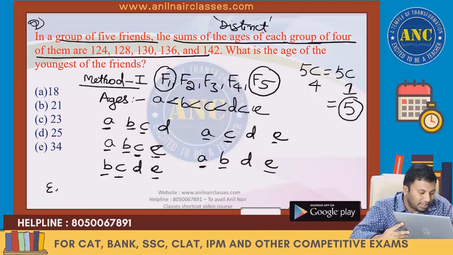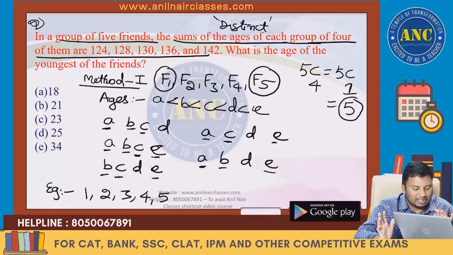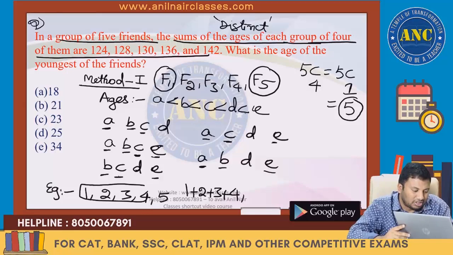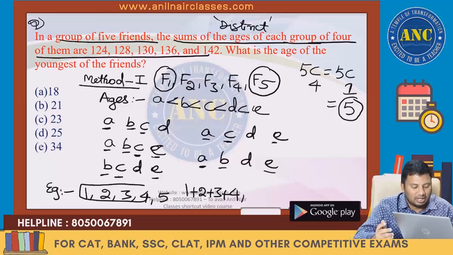One important example, then we will determine. If the ages are 1, 2, 3, 4, 5, what is the lowest sum of them? The lowest sum is 1 plus 2 plus 3 plus 4, the lowest four ages, which is 10.